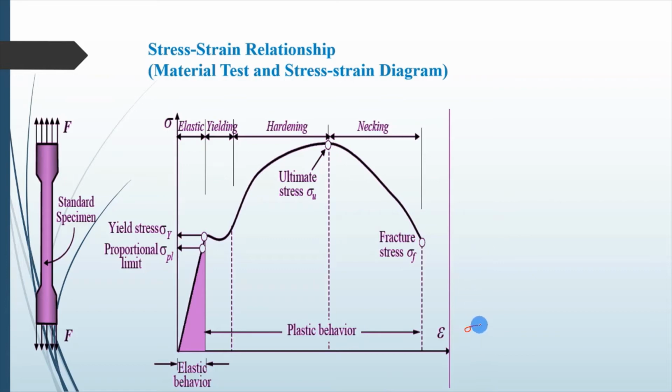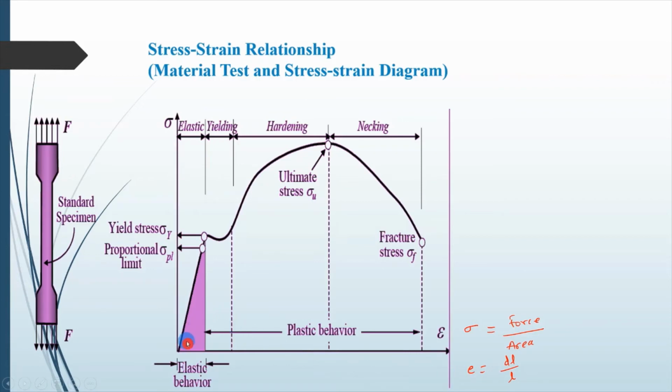We have the cross sectional area or diameter of this standard specimen, and force is measured by using the UTM. Strain, that is small e, is equal to change in length, so I will write here dL divided by L, that is the original length. The gauge length will be marked on this standard specimen, and the change in that gauge length will be recorded by the UTM, so that we get the value of the corresponding strain.